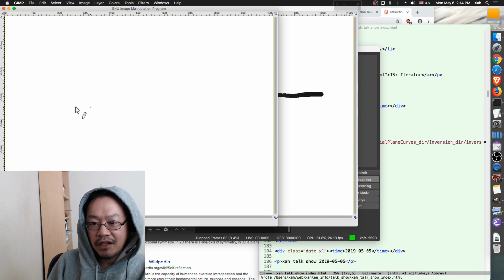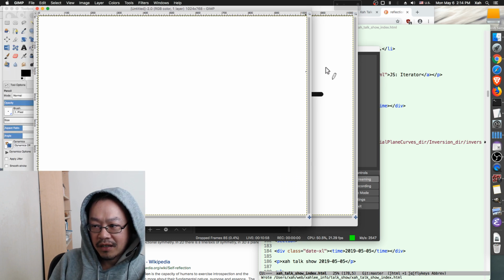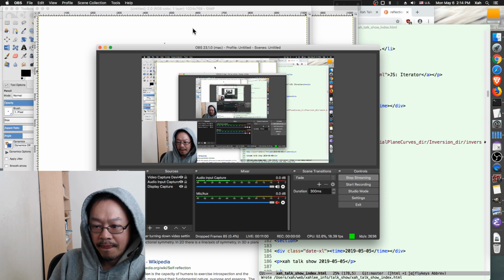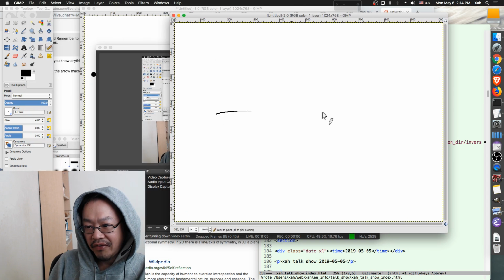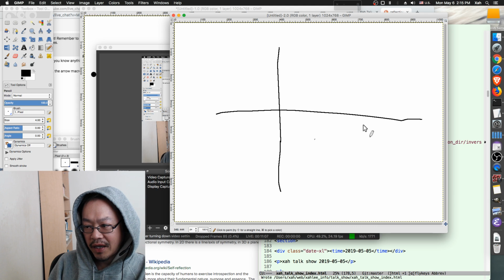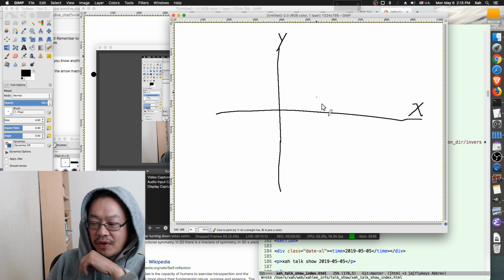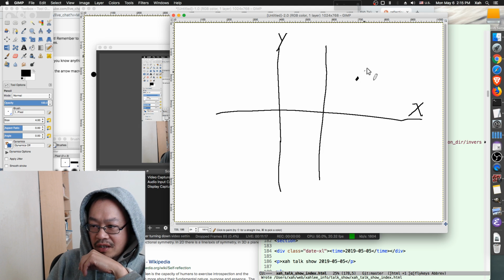So reflection. If for example you have a plane, x-axis, y-axis. So this is x, this is y, and reflection means, for example, if you have a line and you have a point here, A, B, and reflection just means it becomes over here, A prime, B prime.